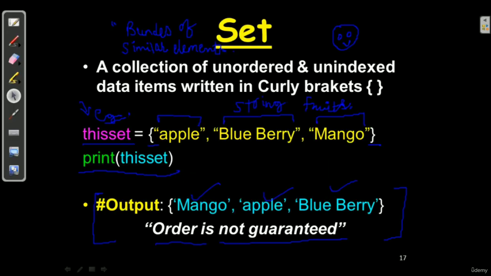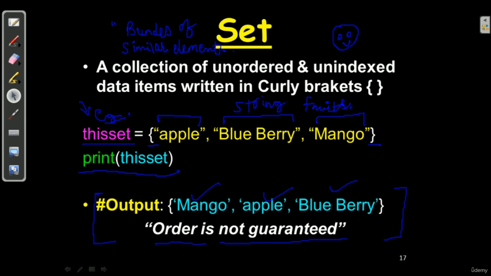That's why I have kept the output different here, like mango, apple and blueberry. If you have typed this in the online compiler and apple, blueberry and mango come out as they are, don't worry. To check, again run the program, just letting the input be the same.